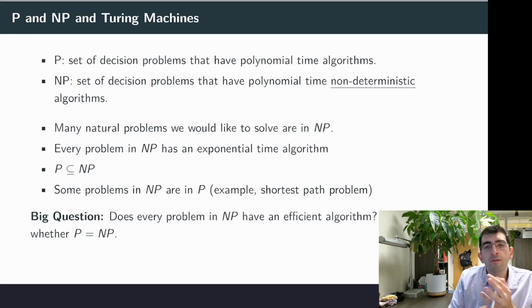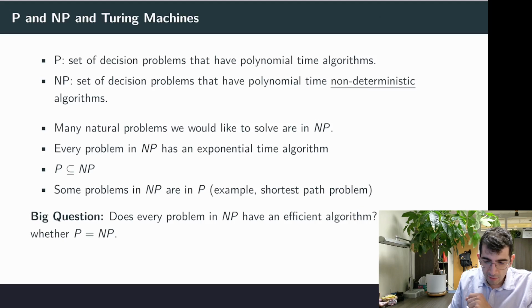Non-determinism just makes the machine way more powerful. So definitely P has to be a subset of NP, and there are problems in NP that are in P. A big example of that are the various shortest path problems we finished discussing just in the second part of the course.